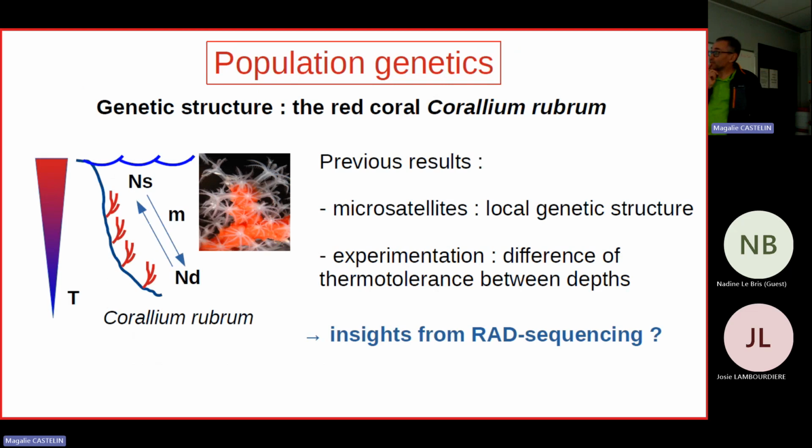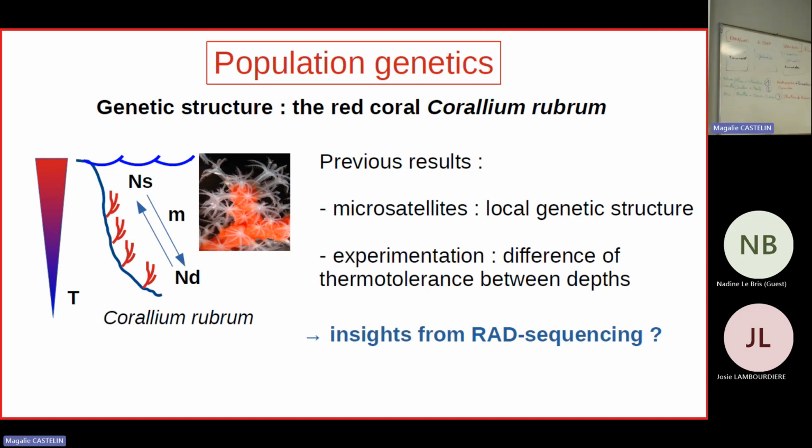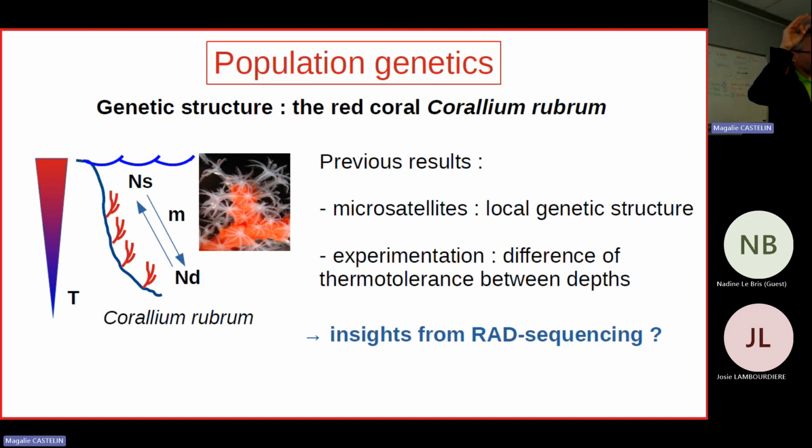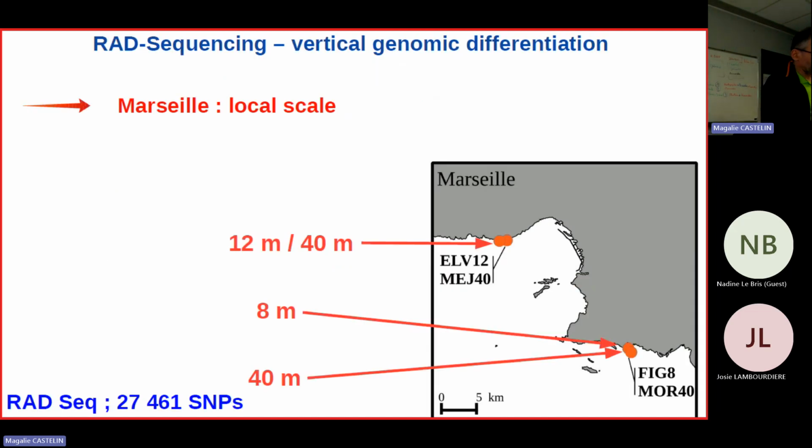So we wanted to analyze this with RAD sequencing to better understand the genetic structure among depths. Is it real? And also to test if there are some loci which could be indicative of adaptation to different depths. I will present just part of the data, but for example in Marseille, my lab is somewhere here, never mind.